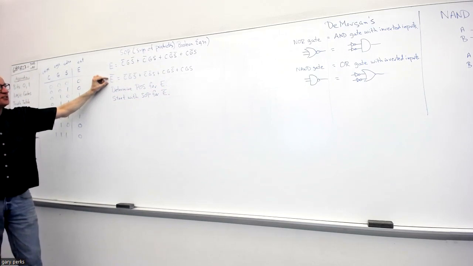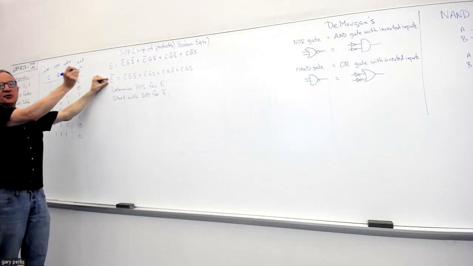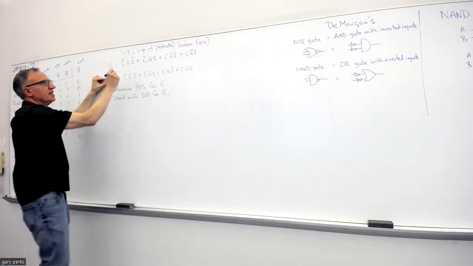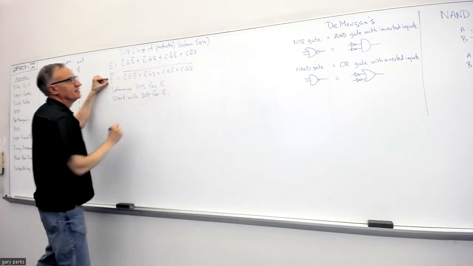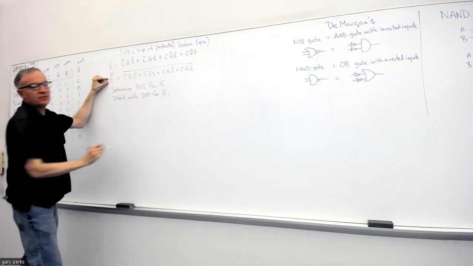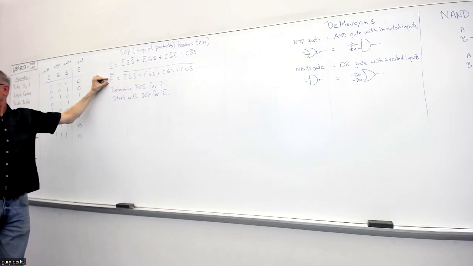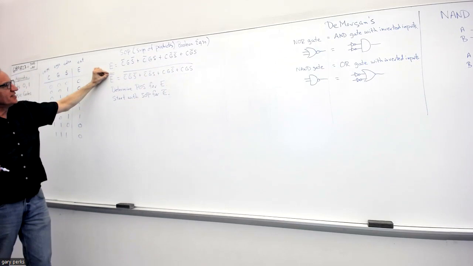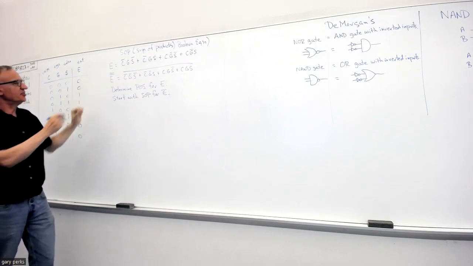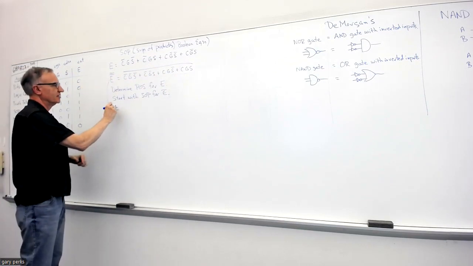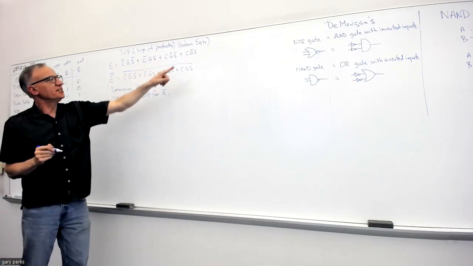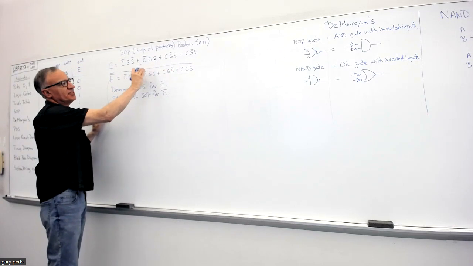All right, the first thing we have to do is not both sides of this equation. So we're going to not this side and not this side, not the whole of each side. Well, when you have a double not over one variable like this, they cancel out. So this is just going to become E. This we're just going to leave the same. I'm just going to rewrite what's up here, down here.